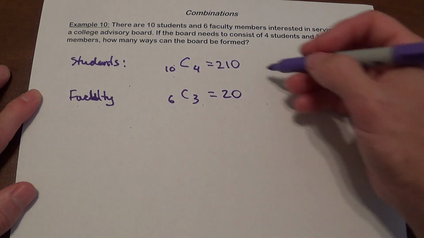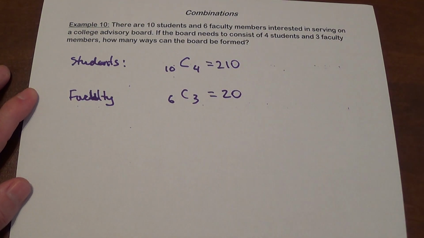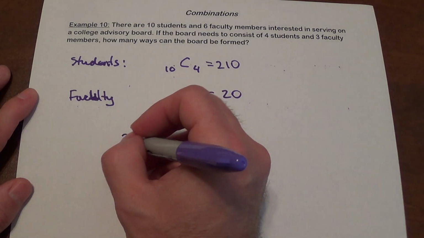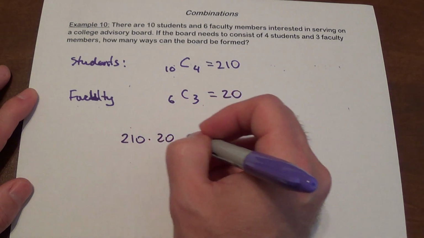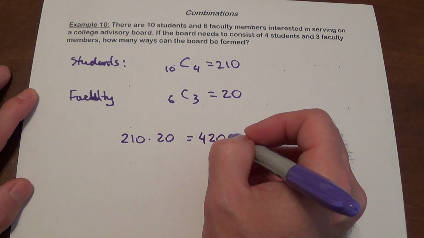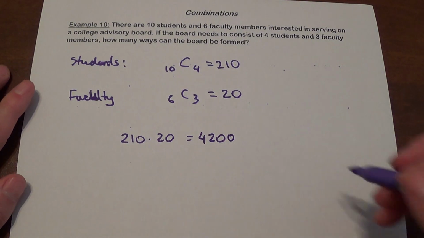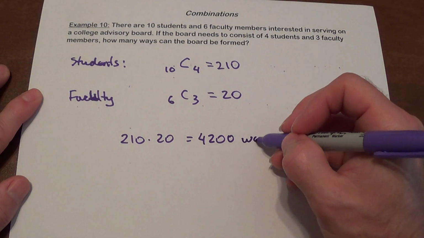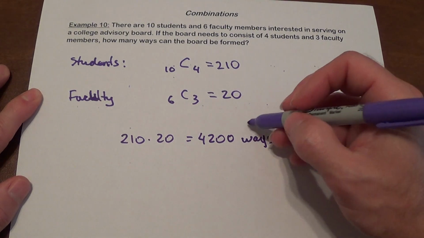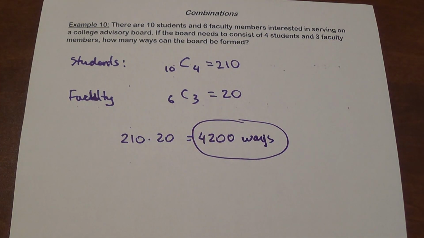So to make up the advisory board as needed, we're going to multiply these two numbers. 210 times 20 will be 4,200 ways this can be done. And that is the answer in this problem. And that concludes our lesson.